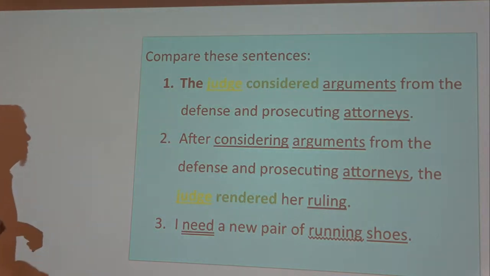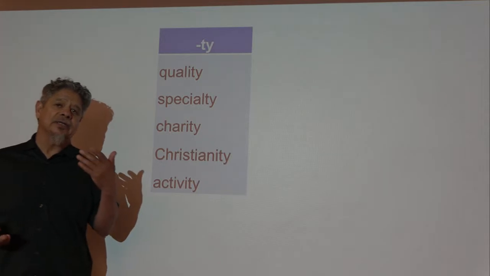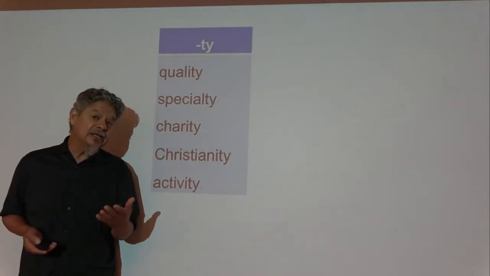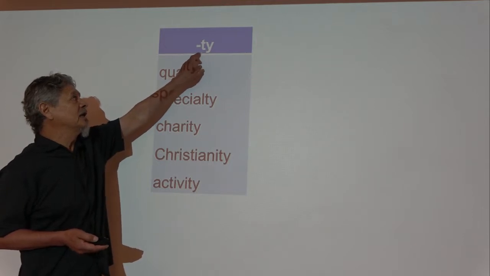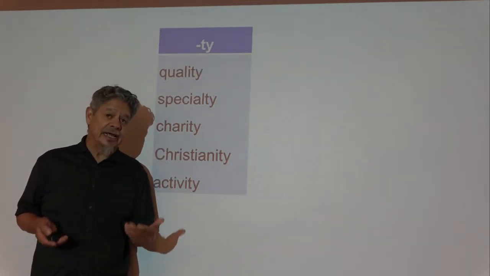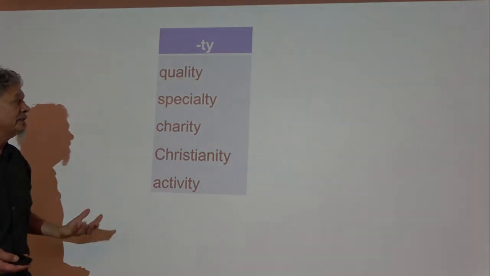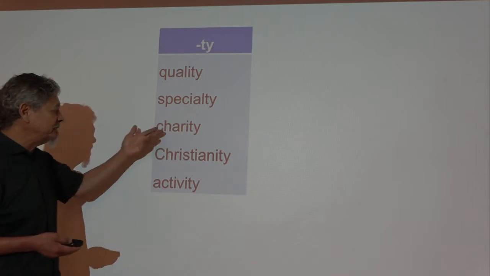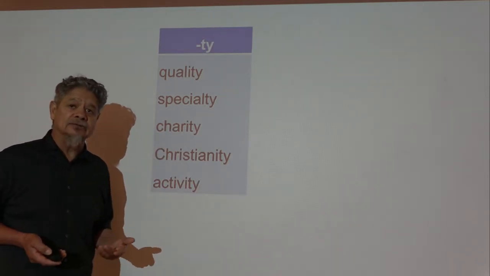All right, so I want to tell you now one more thing about nouns, and that is that some of the word endings can tell us that the word is actually a noun. For example, any word that ends in ty, like quality, specialty, charity, Christianity, activity, those words are nouns.